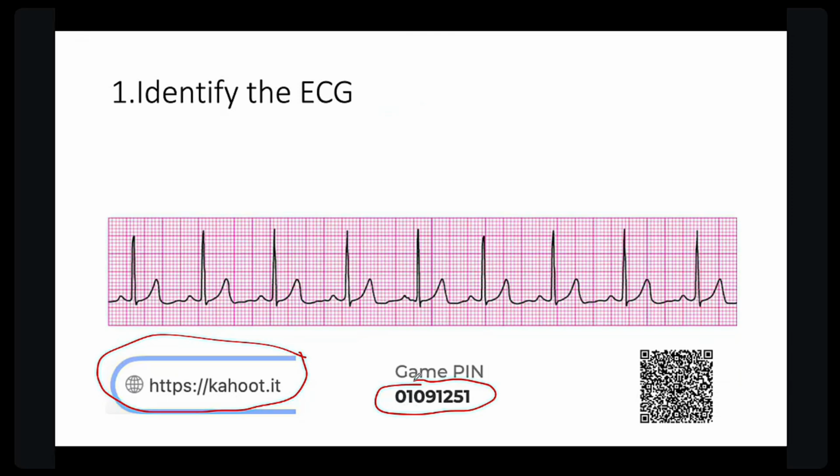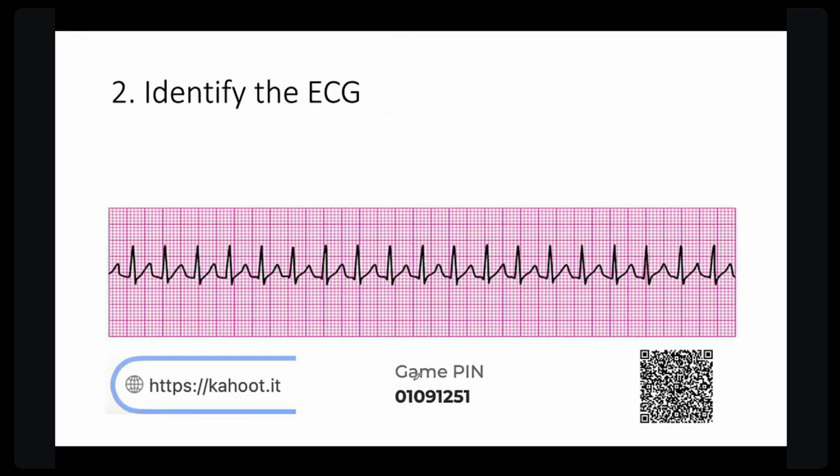Once you enter the game pin, you can answer at your own pace. You can find the answers and the explanation I'll be posting inside the course as a PDF after 20 days. Again, the second question is identify the ECG.